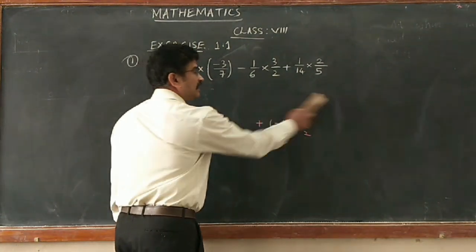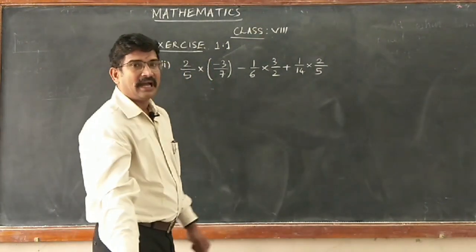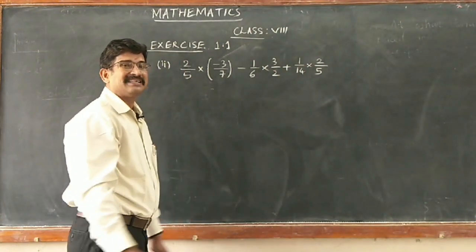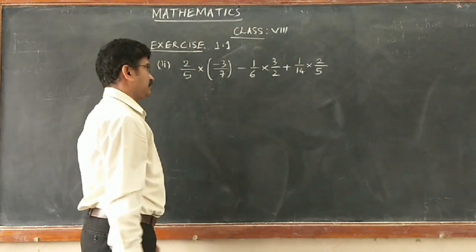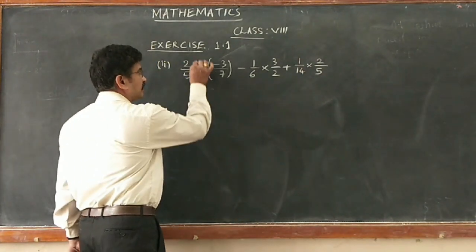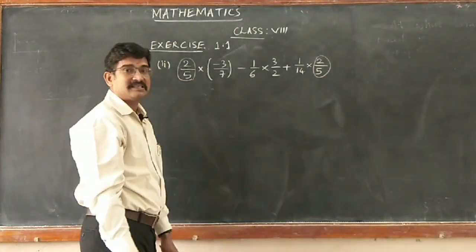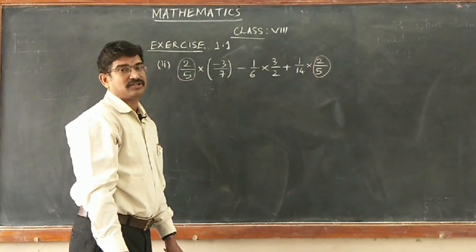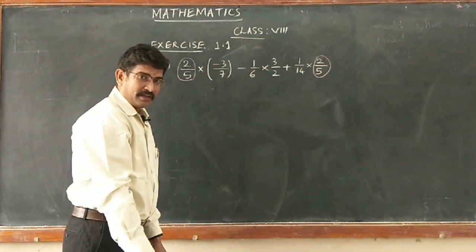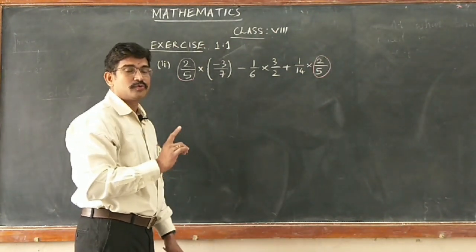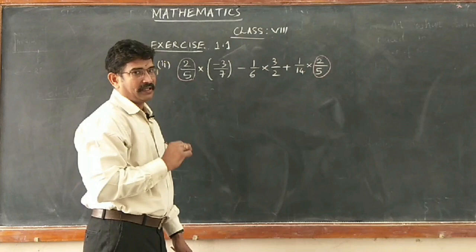So children, here totally I have 3 algebraic additions, wherein this 2 upon 5 is a common rational number. That means I have to take it out common using the distributive property.